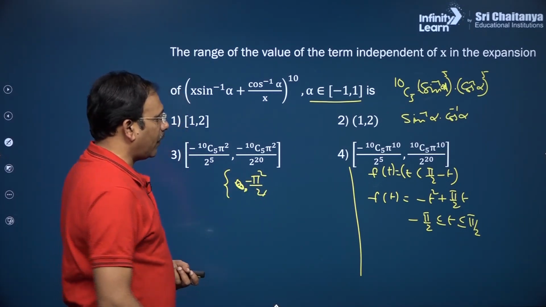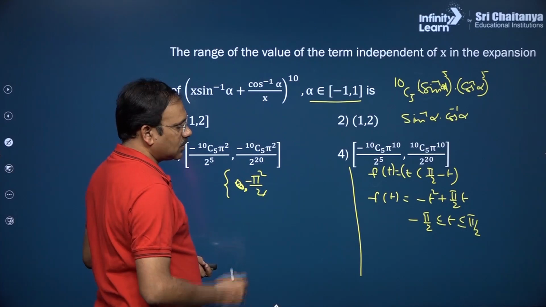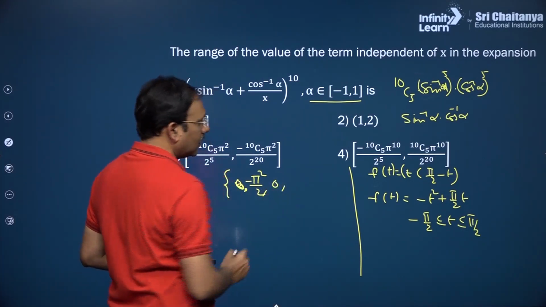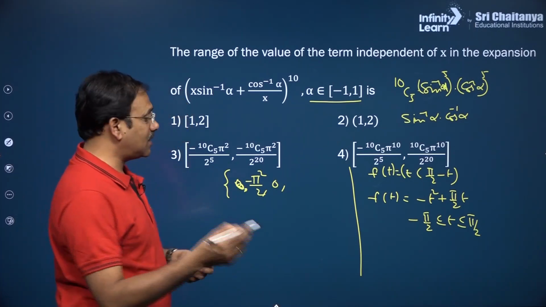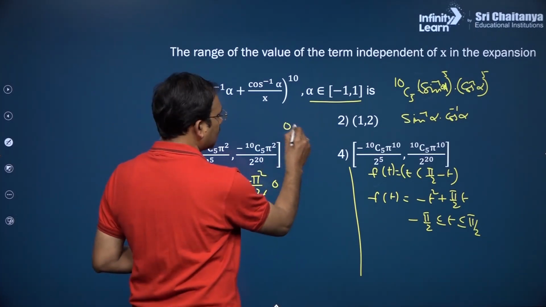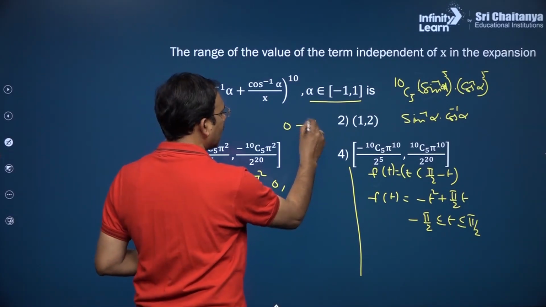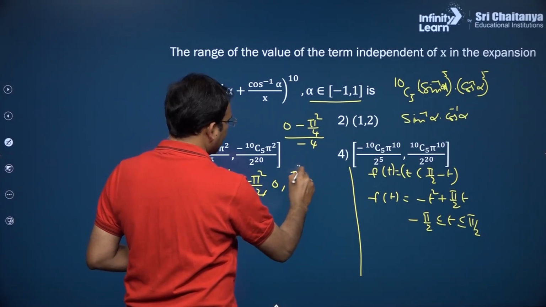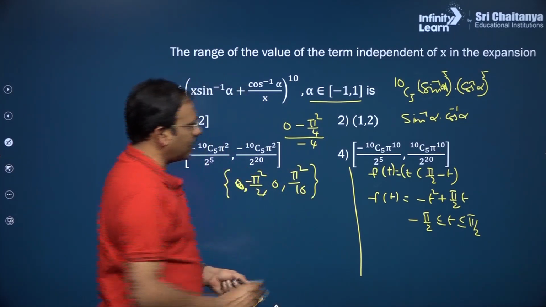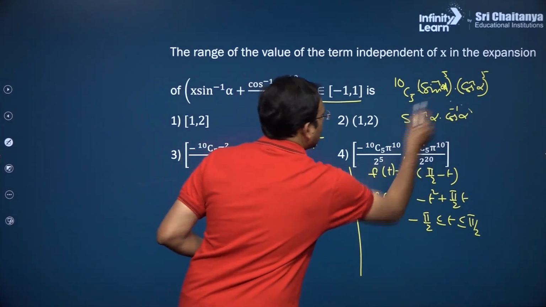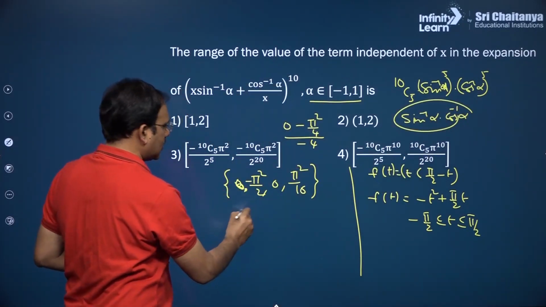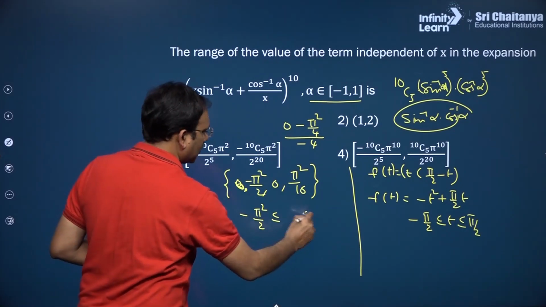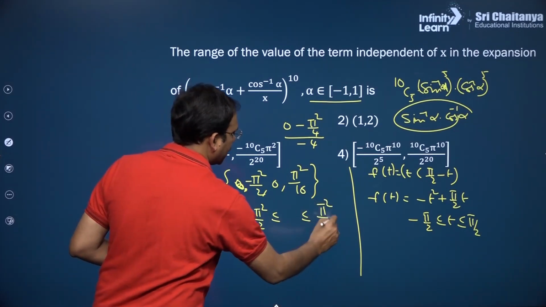The next one, f of pi by 2, if you substitute, this is pi square by 4 minus pi square by 4, which will become 0. The next one, 4ac minus b square by 4a, 4ac is 0, minus b square is pi square by 4, by 4a is minus 4, which is pi square by 16. That means, my dear friends, this particular expression's minimum value is minus pi square by 2, and this expression's maximum value is pi square by 16.